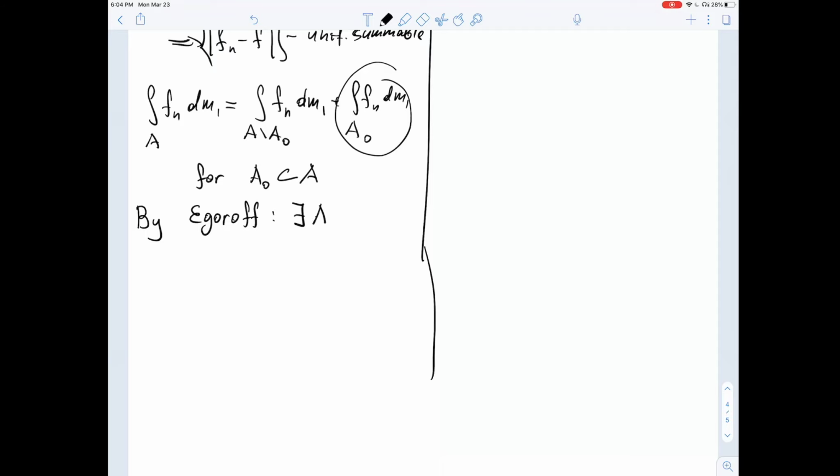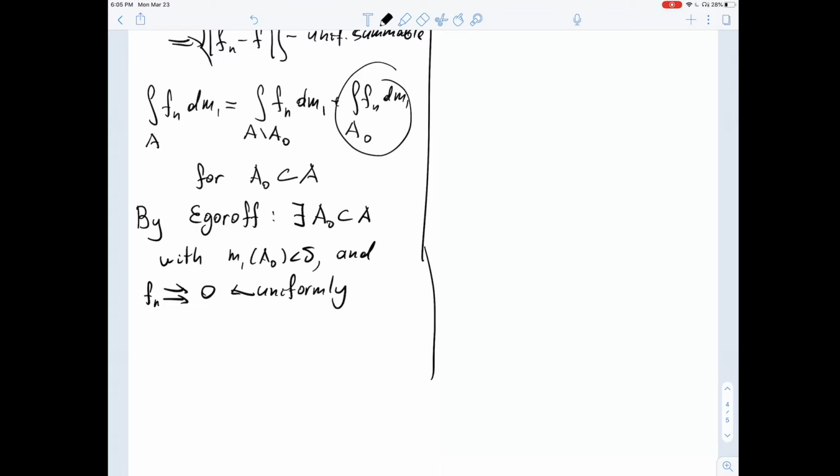So there exists an A0 in A with small measure and fn's go to 0 uniformly. So that's what Yegorov does.